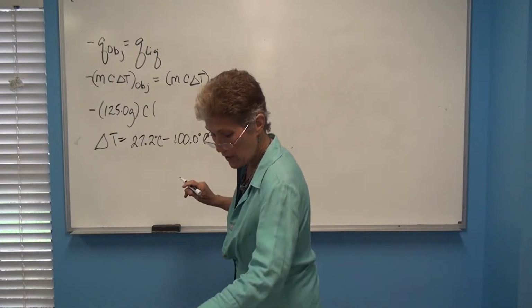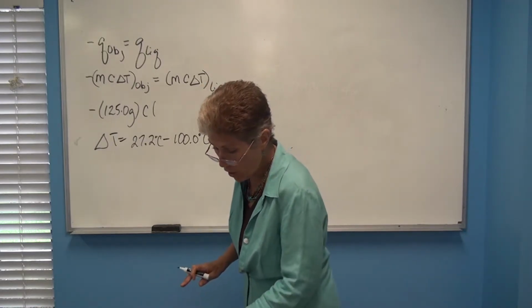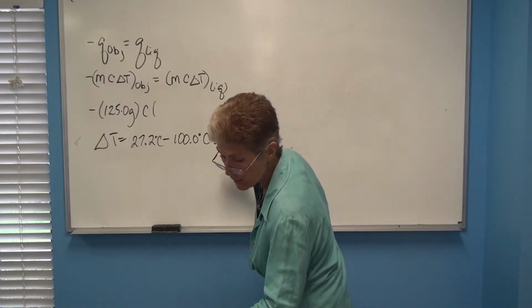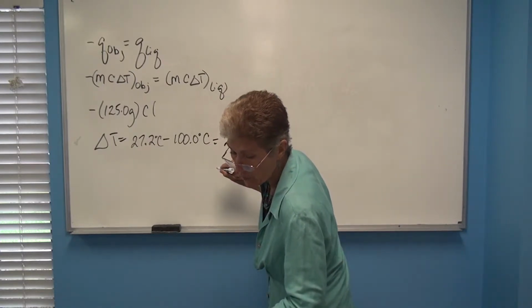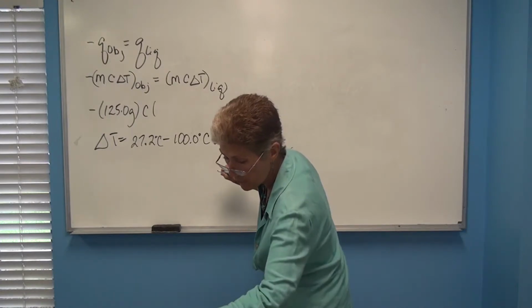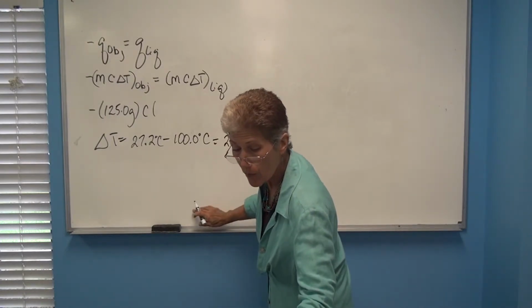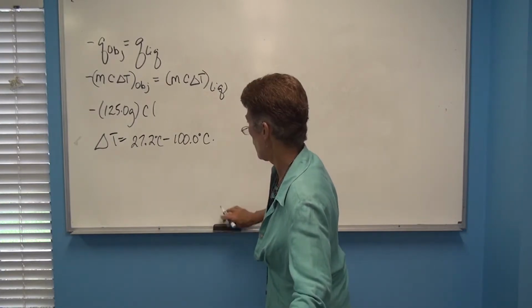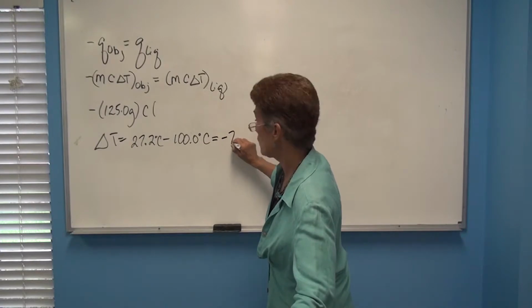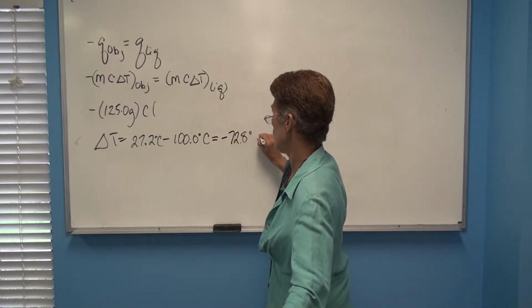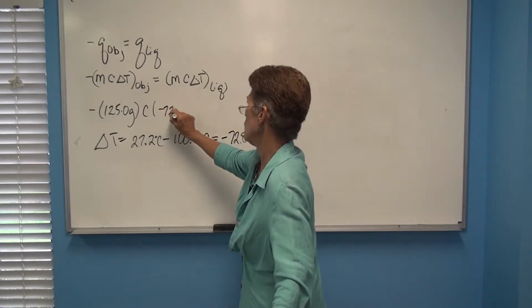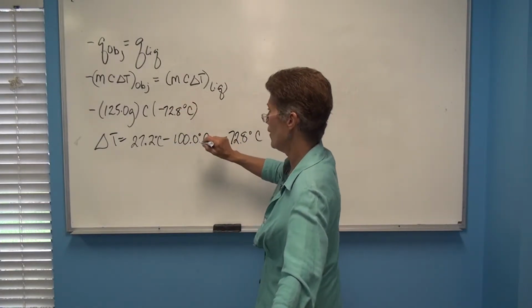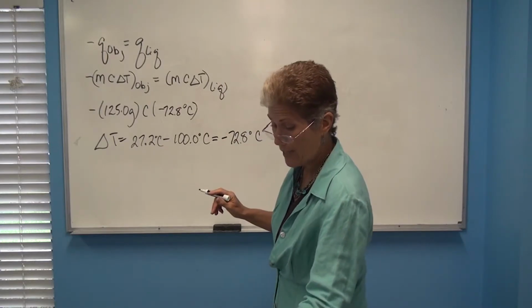So that gives us a temperature change of negative 72.8 degrees Celsius. So I'm going to put that in here. Okay, we've got that.